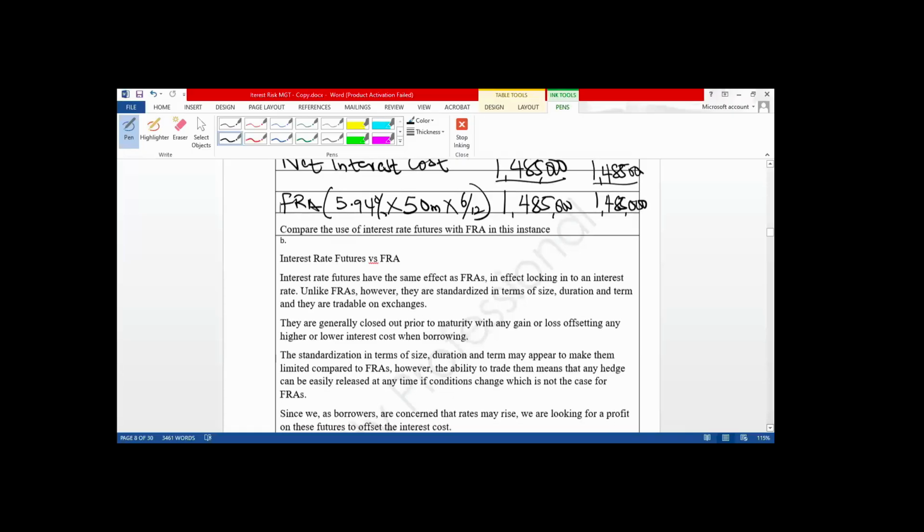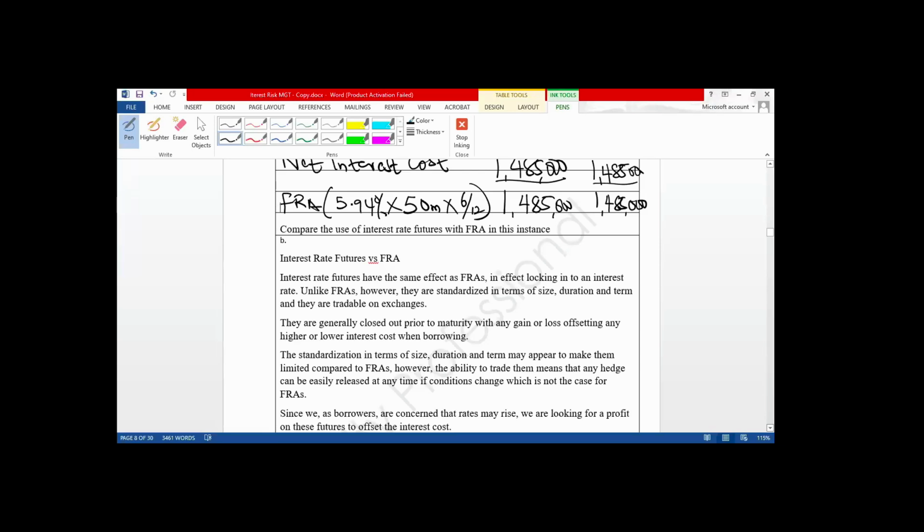Interest rate futures have the same effect as FRA, in that you are going to be locked into an interest rate. They have the same effect because you are going to lock yourself into a fixed interest rate.